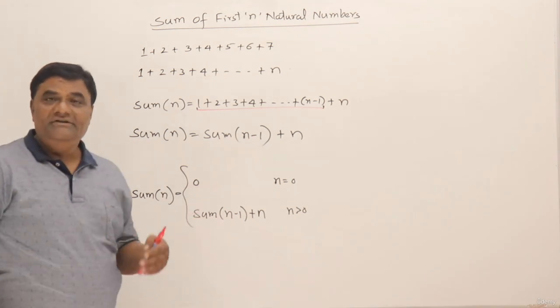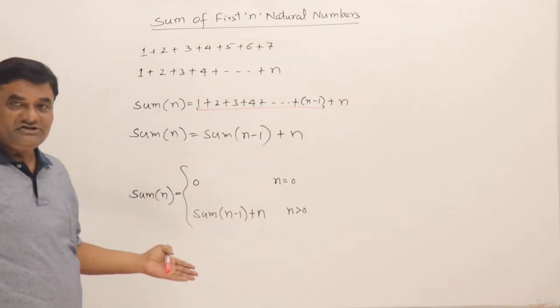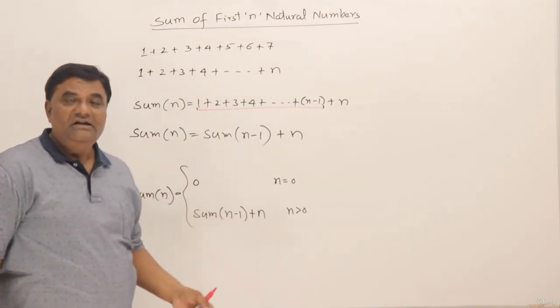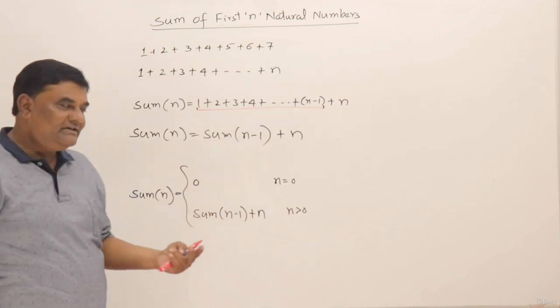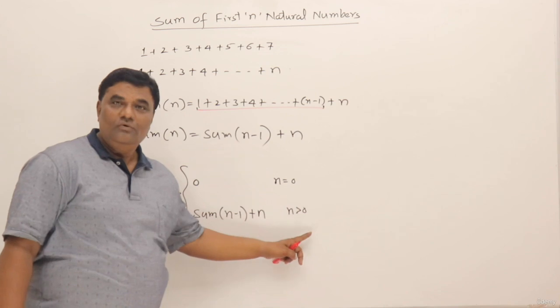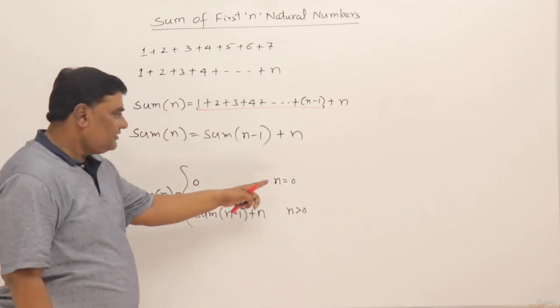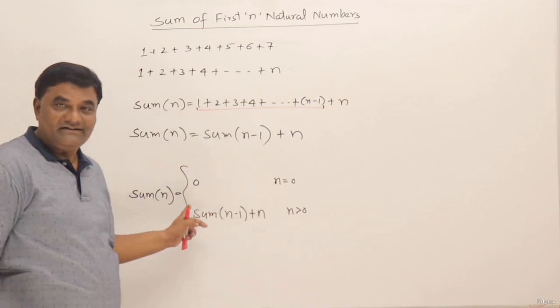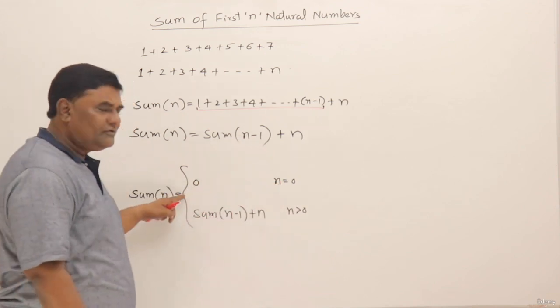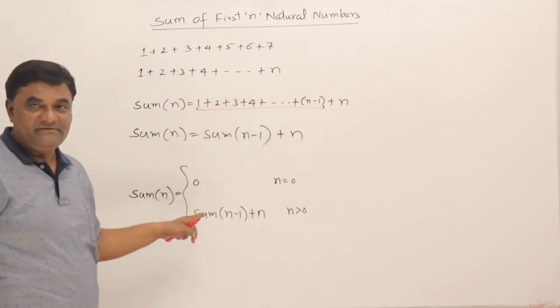Remember, whenever you define any recurrence relation or recursive function, you must have two types of statements. One is for the large value of n, what is the formula? Then for the small value of n, what is the answer? Usually for small values, we give a direct answer. So if n is equal to 0, there is no formula, a direct value is there.